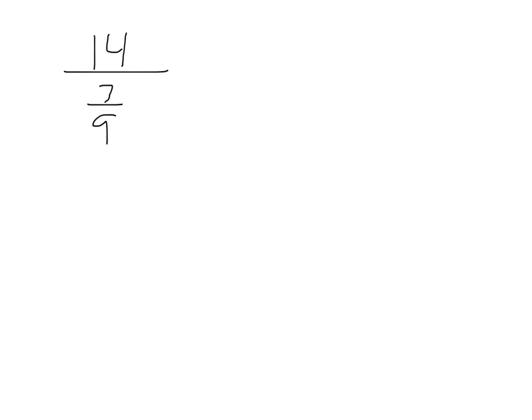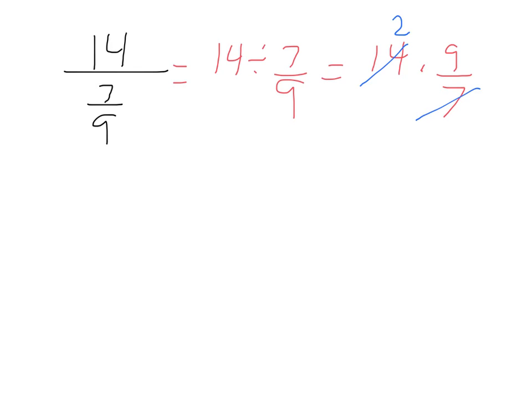If you did it correctly, you would have said 14 divided by 7/9, which is really 14 times 9/7, and we know that 7 goes into 14 2 times, so we get 18. How many people got 18? Good, okay. Makes it easy.